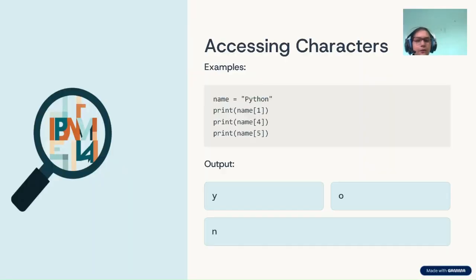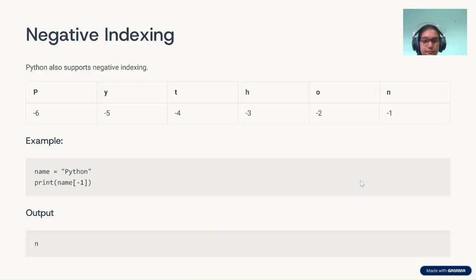You can also think of indexing like house numbers on a street, right? Each character in this word has its own address, and Python can go directly to this address to fetch that letter for us, right? Now, negative indexing. Python also allows us to count from the end of the string.